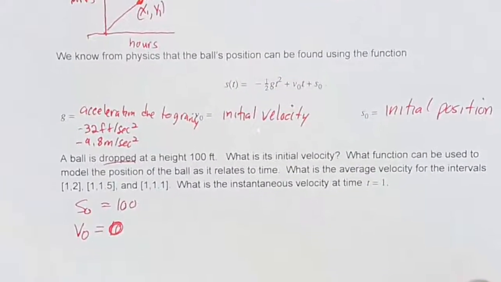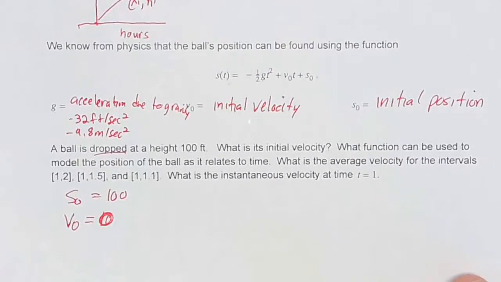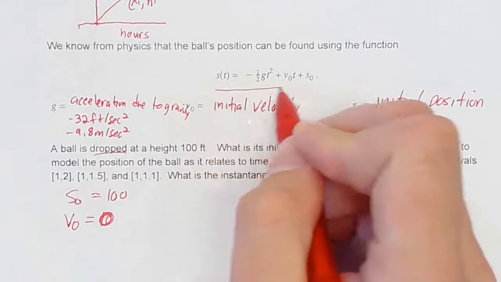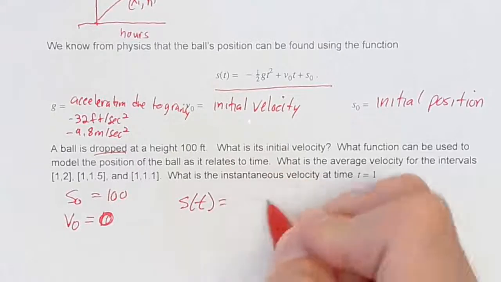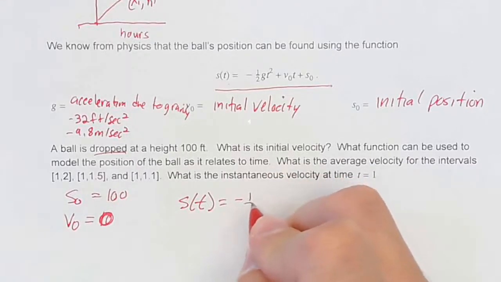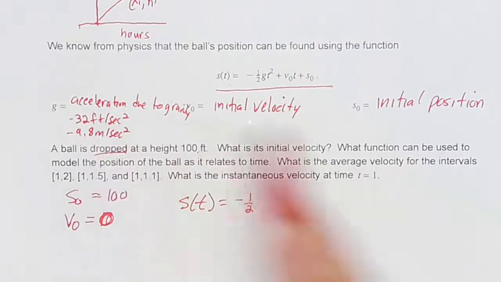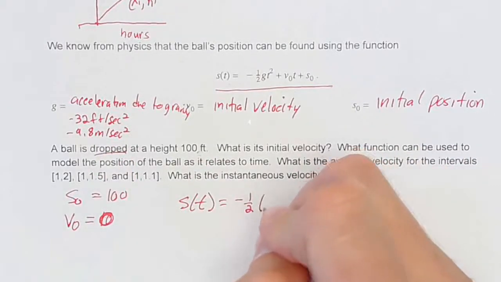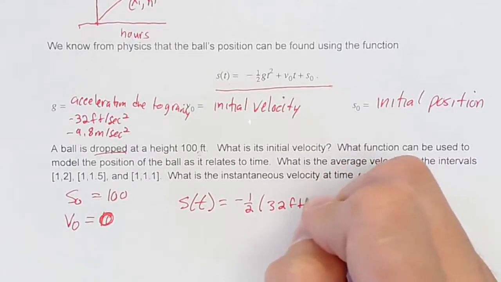What function can be used to model the position of the ball as it relates to time? Well, I have this s of t right here that I'm going to use. The position is going to be -1/2, now we're going to use the feet one, so times 32 feet per second squared.